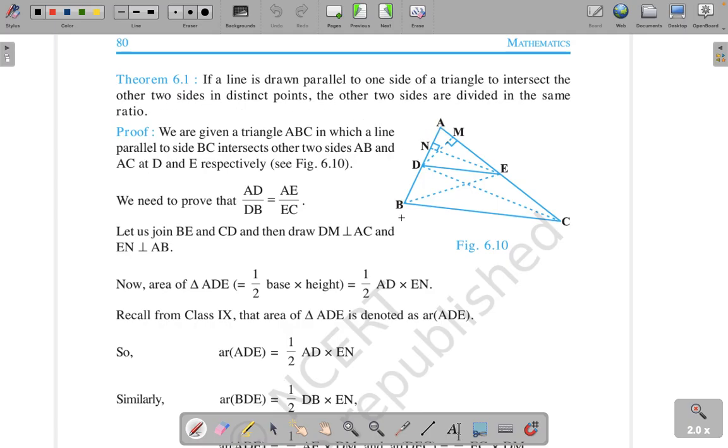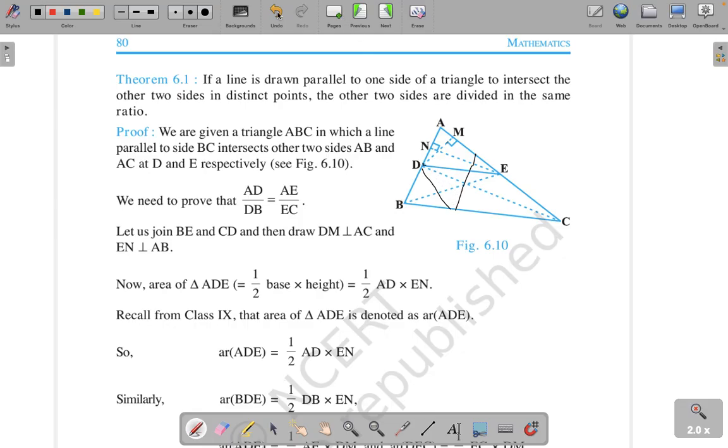Is my cursor working fine, Puneet, now? Yes, sir. Okay. So see, you have a triangle, right? So say you are drawing a line that is parallel to this side. You can have other choices as well. You can draw a line that is parallel to this side, like this, right? Or you can draw a line like this, which is parallel to this side. Any one you can choose.